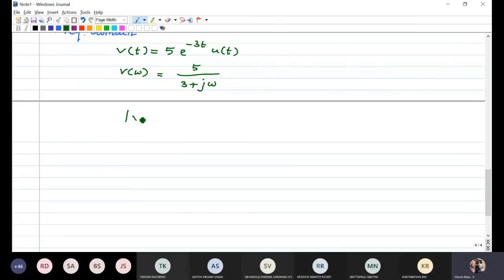So absolute V of omega the whole square is V of omega into V conjugate of omega. V of omega is 5 over 3 plus j omega multiplied by V conjugate of omega.